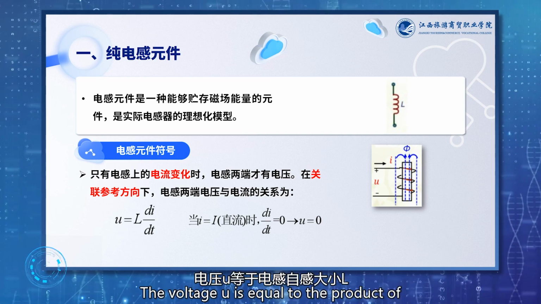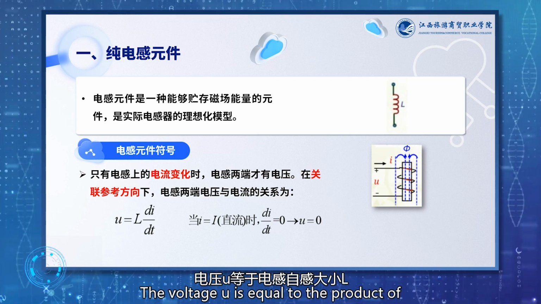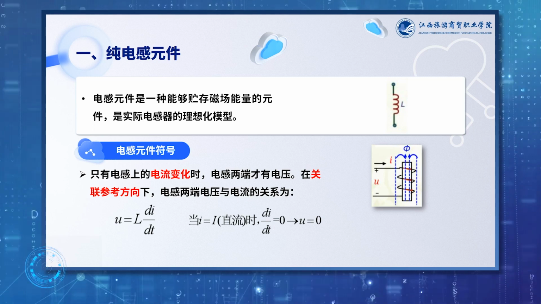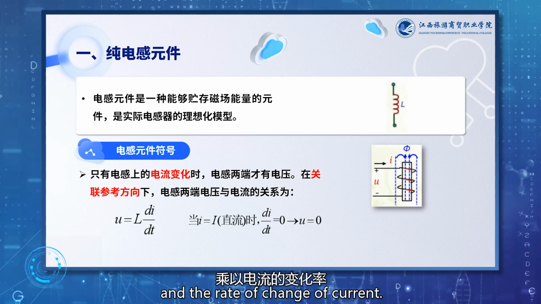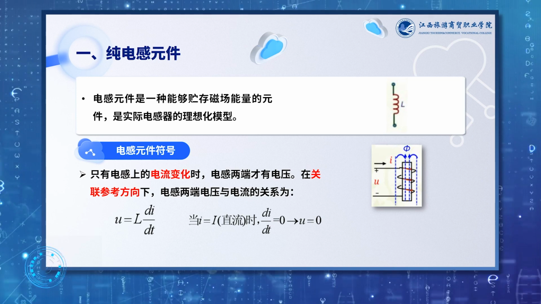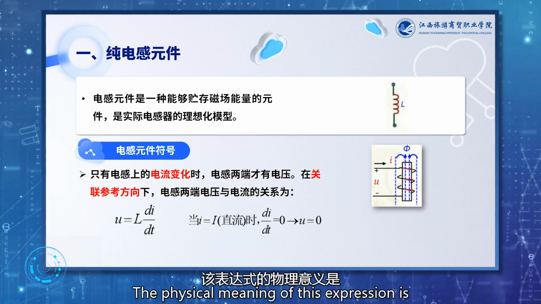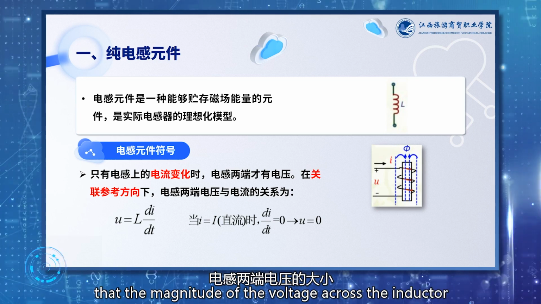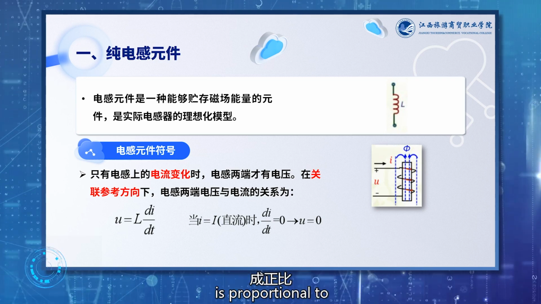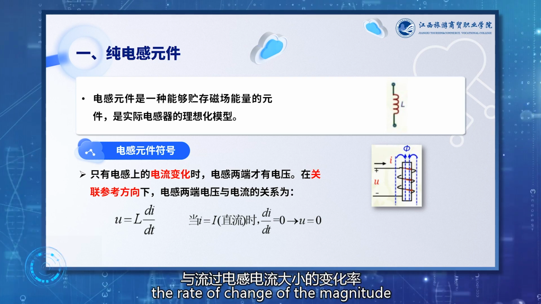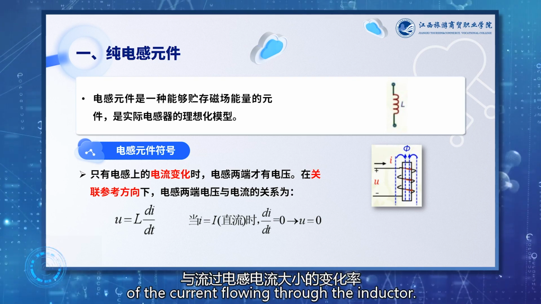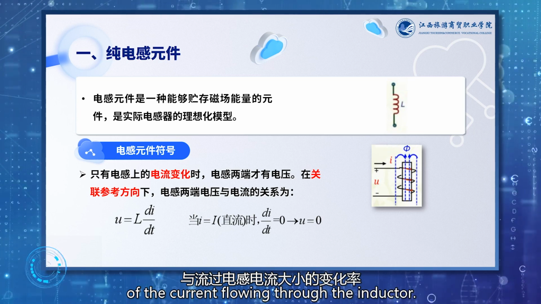The voltage u is equal to the product of the self-inductance L and the rate of change of current. The physical meaning of this expression is that the magnitude of the voltage across the inductor is proportional to the rate of change of the current flowing through the inductor.